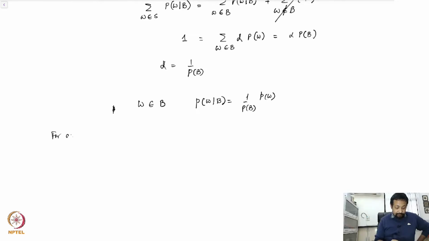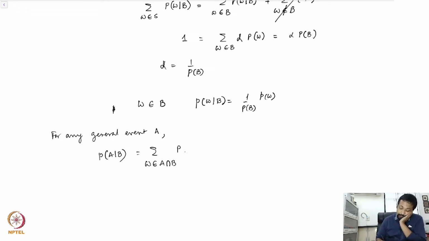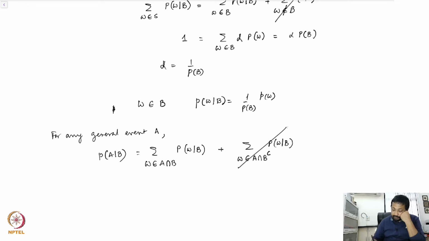Now for any general event A, I want to write down P of A given B, and that by definition is the sum over omega belonging to A intersection B of P of omega given B, plus the sum over omega belonging to A intersection B complement, which is the rest of the sample space, but this is 0.